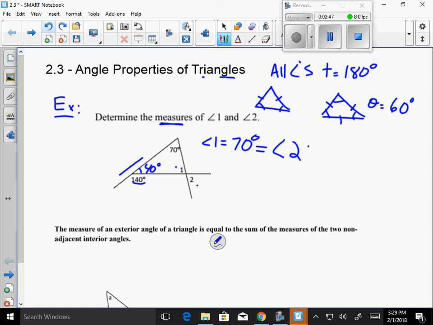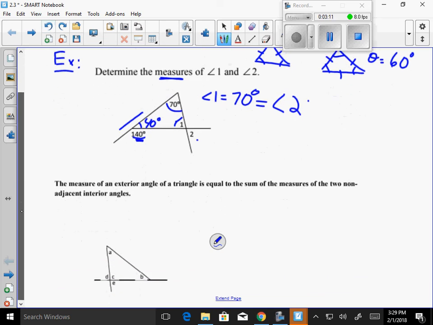Just show me some quick math, and that's fine. Now what's neat about this is if you notice, angle 1, these two interior angles, they just so happen to be equal, right? That wasn't intended, but we know that they're both equal, but they both add up to this guy here of 140 degrees, right? 70 plus 70 is 140.